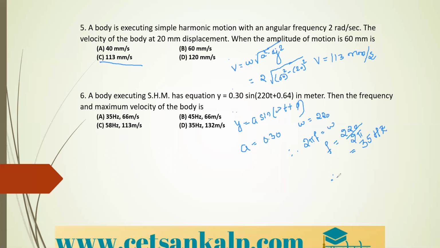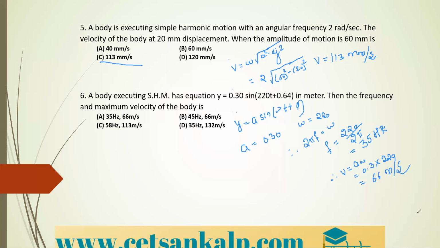Therefore, the relation between speed and amplitude is given by V max is equal to, they asked you to calculate the maximum velocity. A simple formula is there, that is A omega. What is our A? 0.3 is our amplitude value. Omega is how much? It is 220, which is given in the question. So 0.3 into 220, how much is it? It is 66 meter per second.